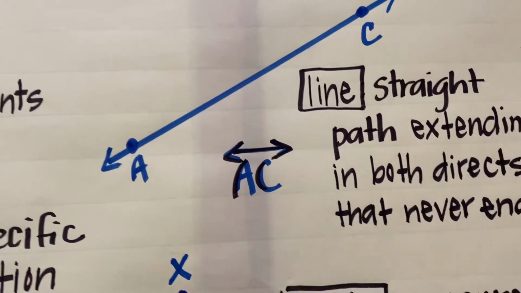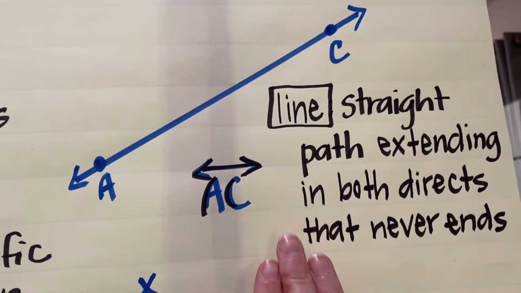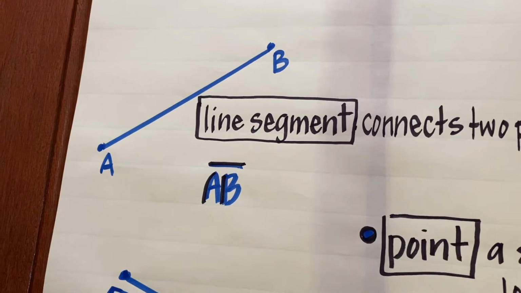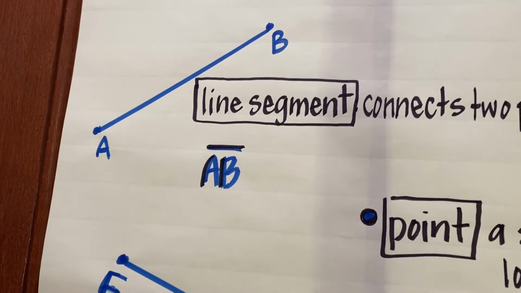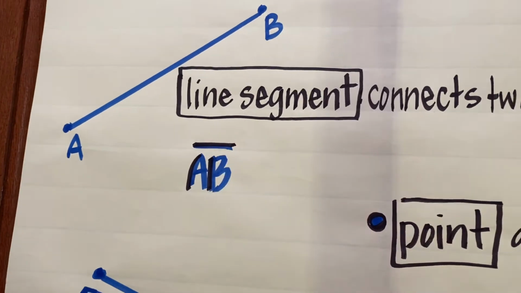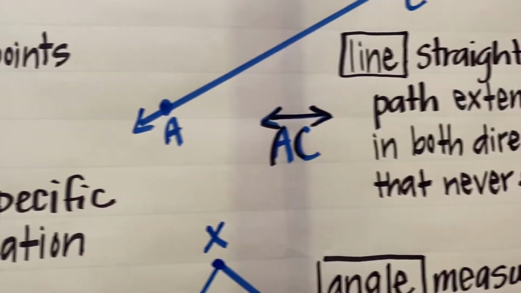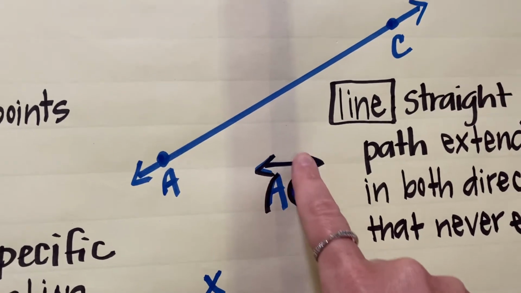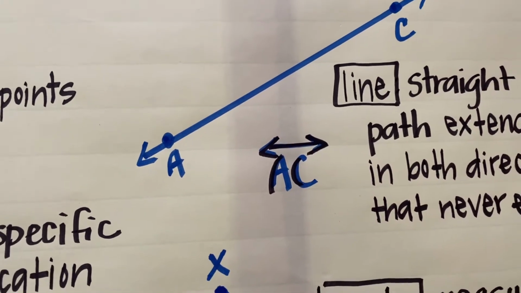So the difference is that a line extends beyond the points, where a line segment will stop at each point. We label a line segment AB with just a line over the top. A line is labeled AC with a line with arrows going in both directions.